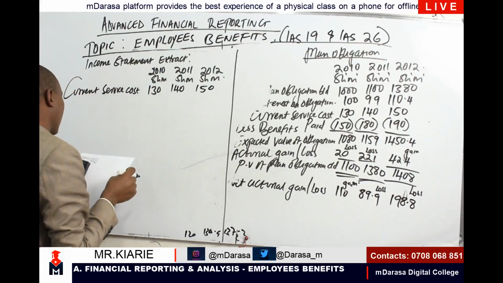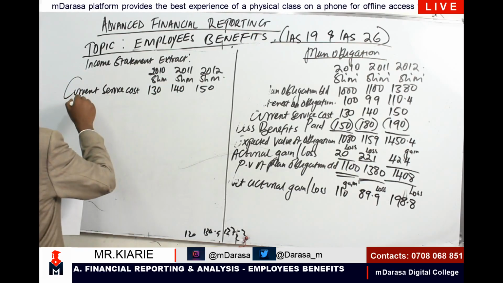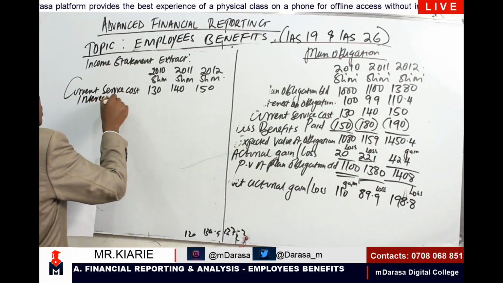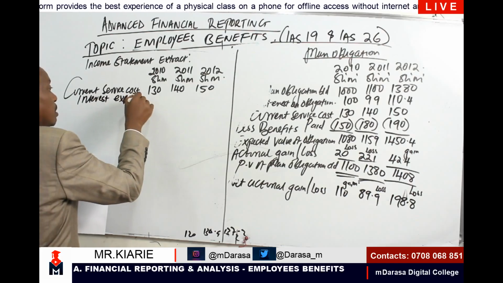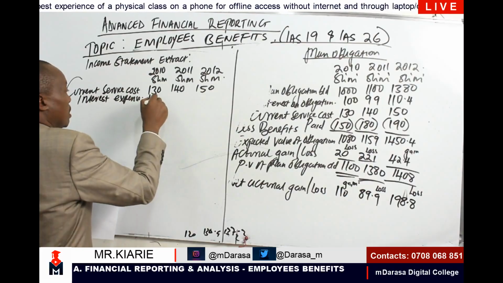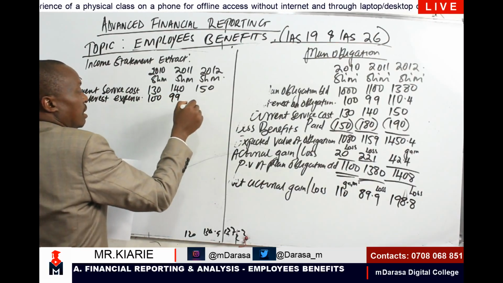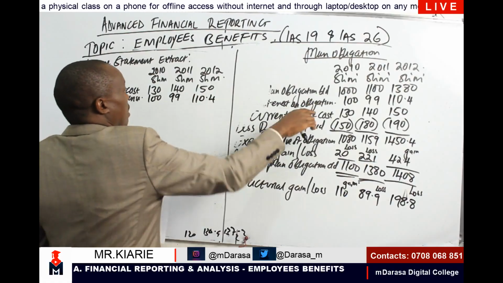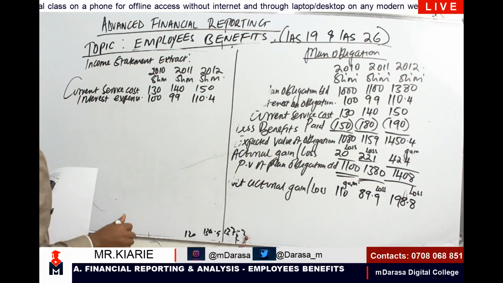Then we don't have past service cost, but we have interest expense. Interest expense is 100, 99 and 110.4 from the plan obligation.